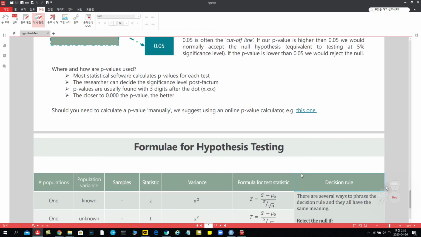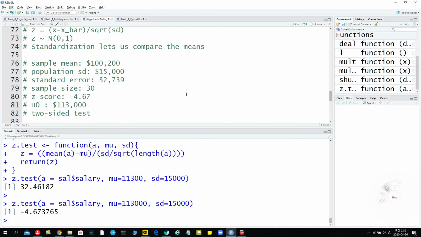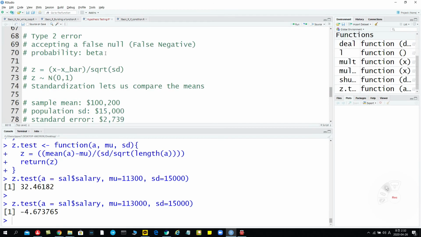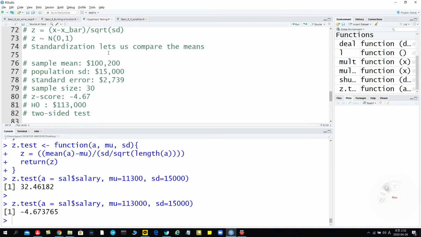Move on to this one. Now, we want to standardize the normal distribution, to compare. The Z-score is x minus x bar of the sample, divided by the standard deviation.